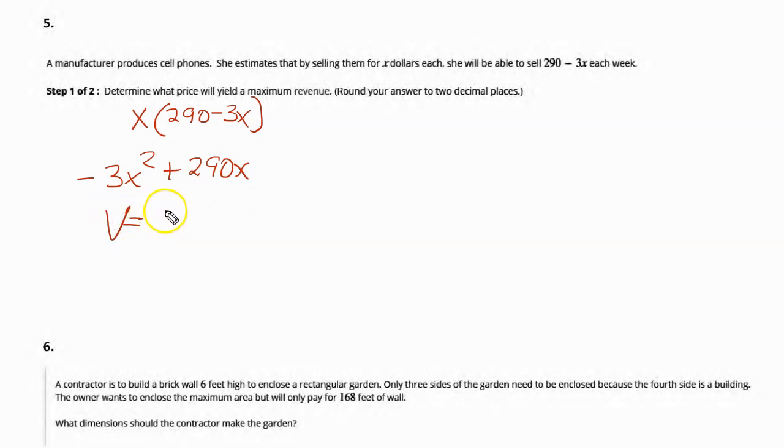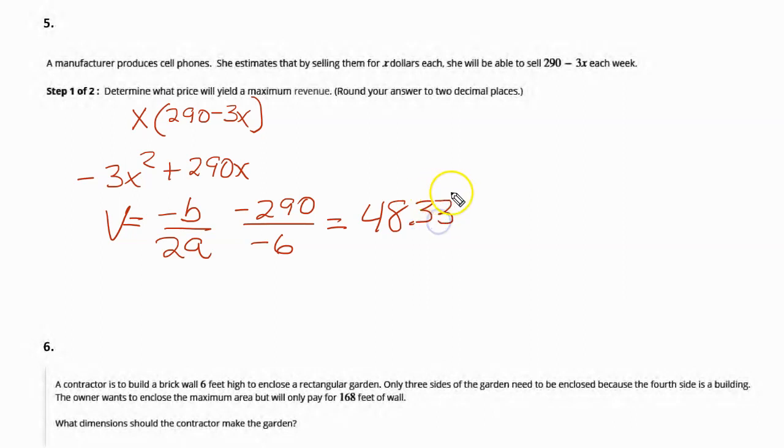So our vertex is negative b over 2a. b is 290, so a negative 290 over a negative 3 times 2, which is a negative 6. That's going to give us, and they want us to round to 2 decimal places, and it's a 3 repeating decimal, so $48.33. Is that what you got?